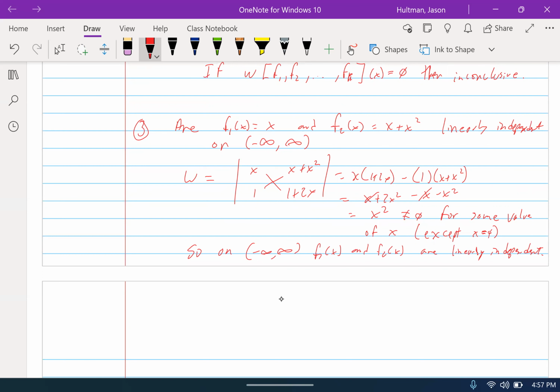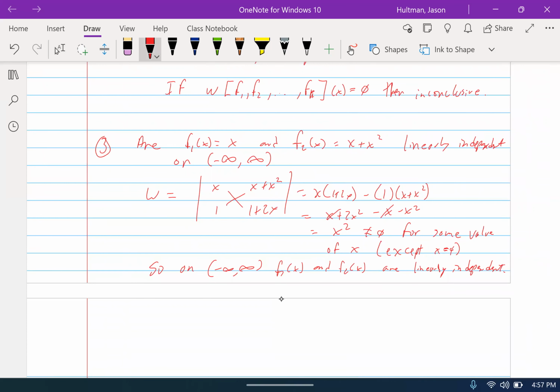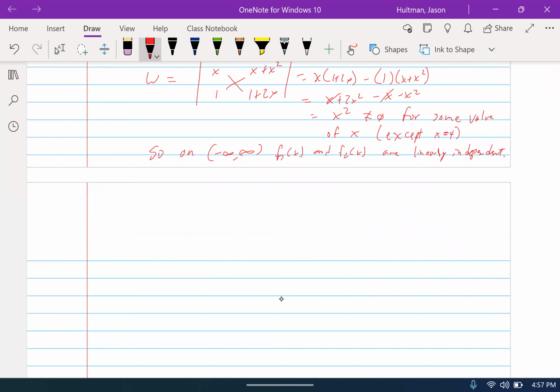So the answer to that is yes, they are linearly independent. Number 4. f1 of x is equal to 2x squared and f2 of x equals negative x squared. Linearly dependent or linearly independent?